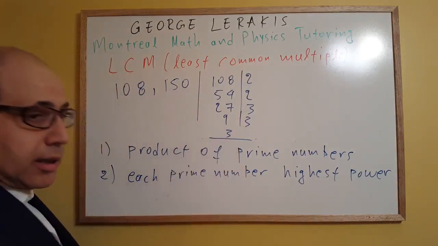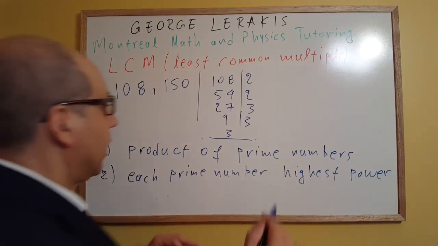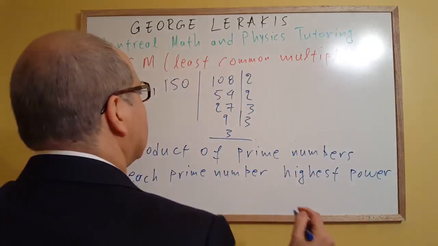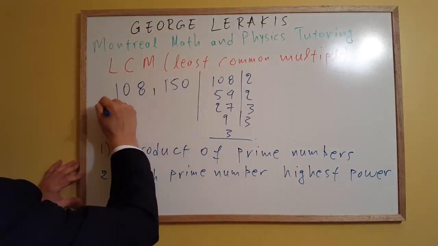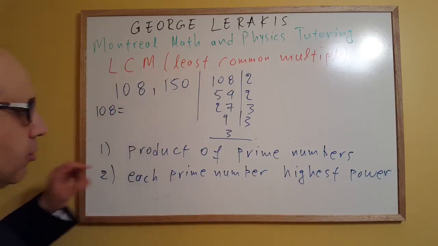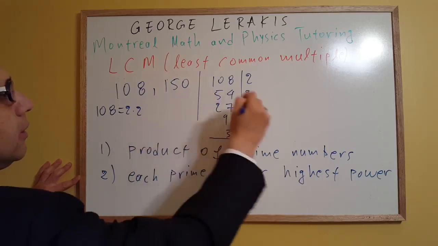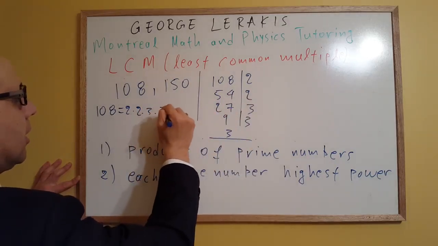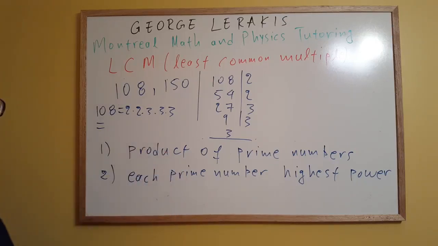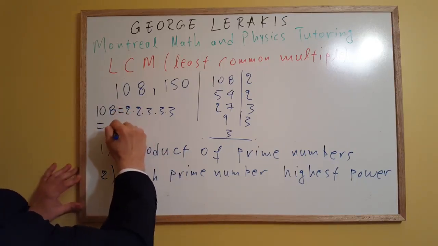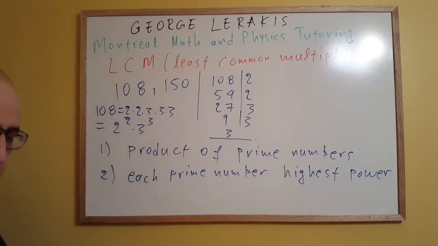Once this number is a prime number, as it is in this case, you stop and you write the number we're talking about as a product of these prime numbers. So that's 2 times 2 times 3 times 3 times 3. Or, for those that are familiar with exponents, you can write this as 2 squared times 3 to the cube.